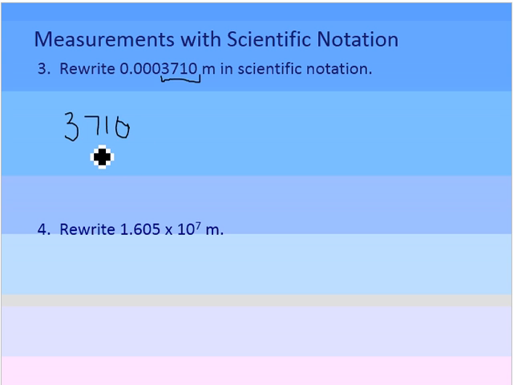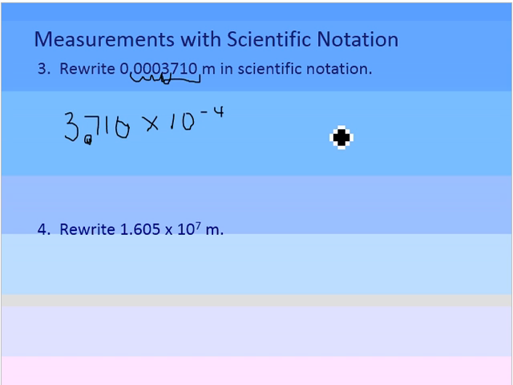I'm going to place the decimal point so that the number's between 1 and 10, or that there's 1 digit to the left of the decimal point. And now I'm going to determine my number of times I have to move my decimal point. So I have it here. I go 1, 2, 3, 4. To the left, which is negative for me, and that would give me that measurement in scientific notation.